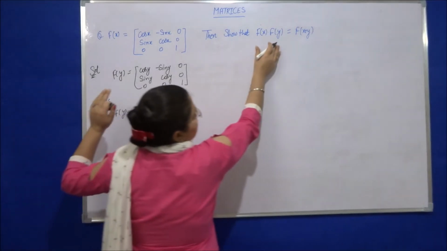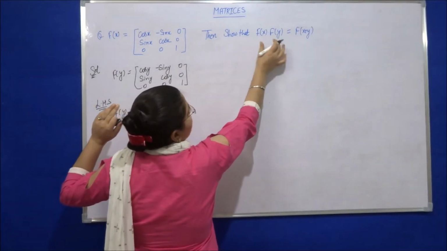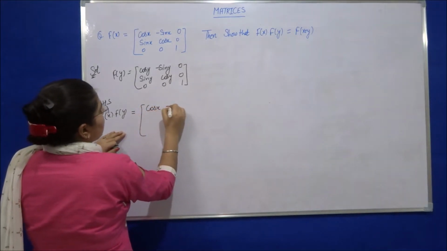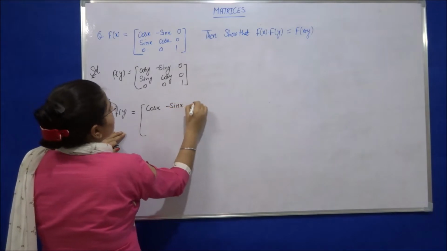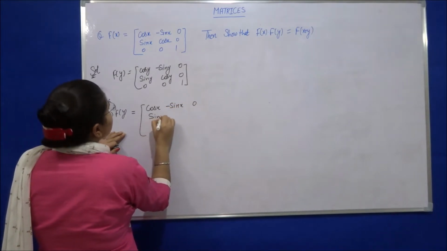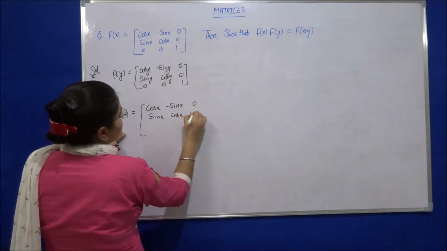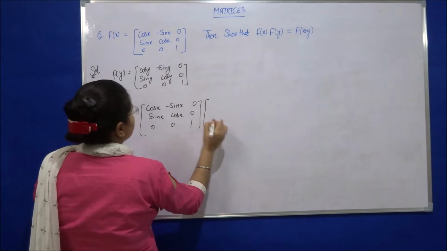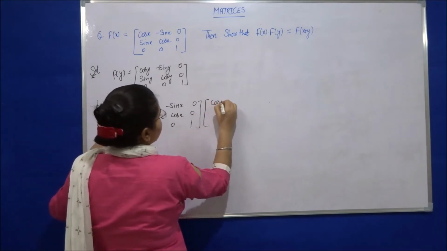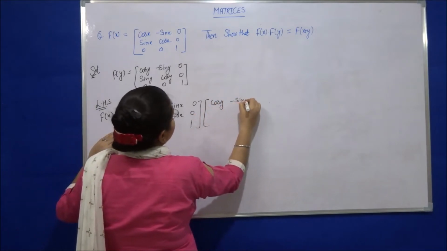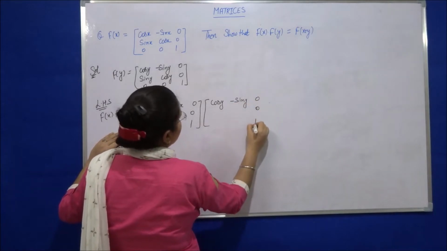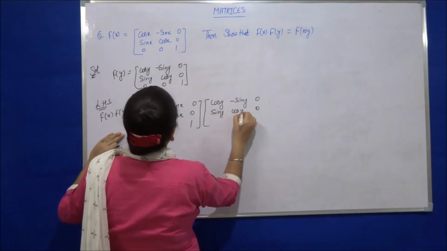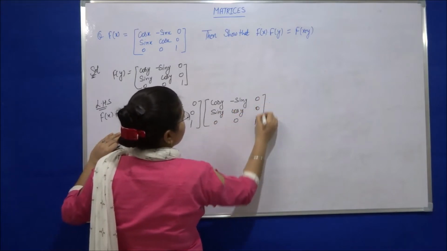As it is written in the left hand side, we will take the product of both of these matrices, that is cos x, minus sin x, 0; sin x, cos x, 0; 0, 0, 1 and cos y, minus sin y, 0; sin y, cos y, 0; 0, 0, 1.